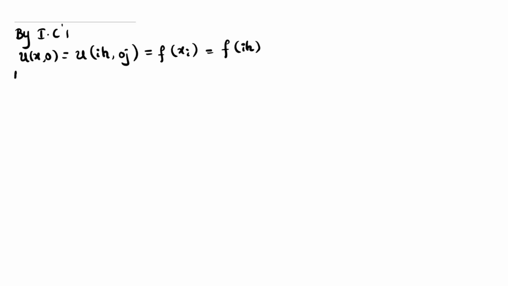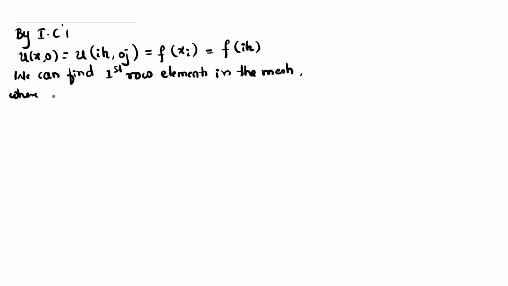So using this we can find the first row elements in the mesh, by using the initial condition. And ∂u/∂t at t equal to 0 is all 0, as we have seen.